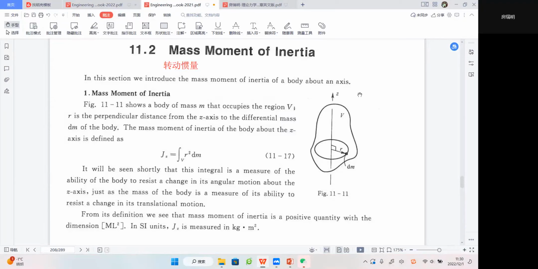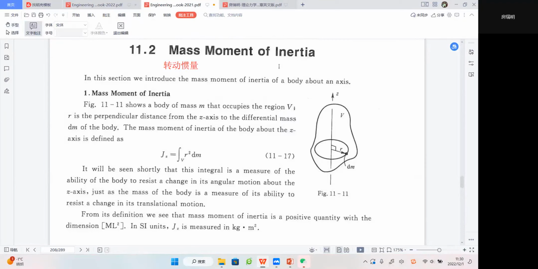density, 密度, right? V is volume, 体积. So in Chinese we have this equation, I can write it for you guys: 质量 equals 体积乘以密度.